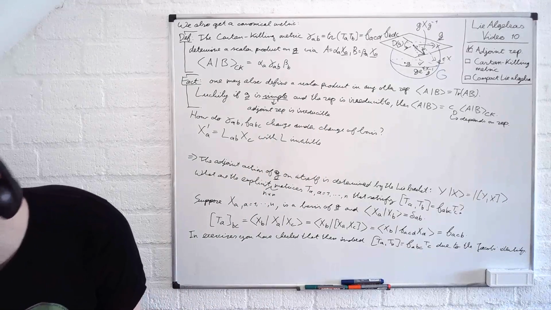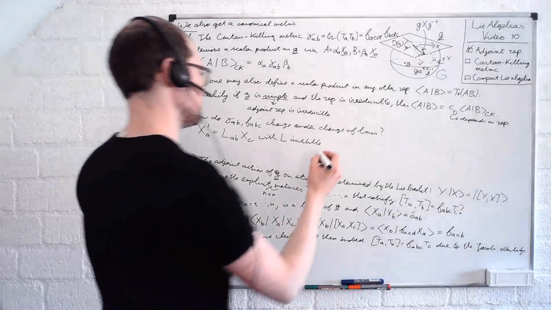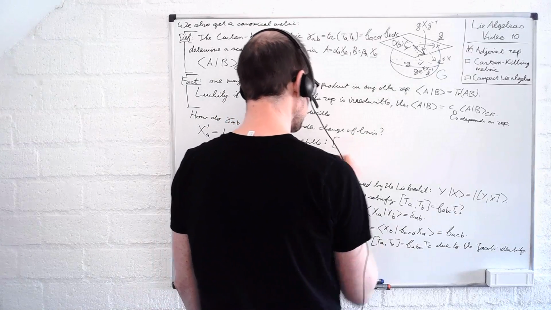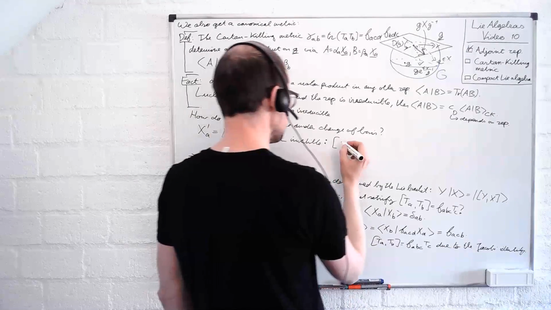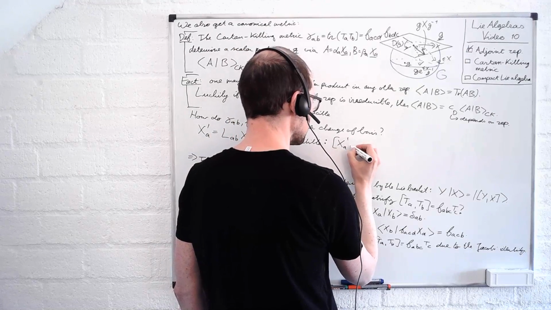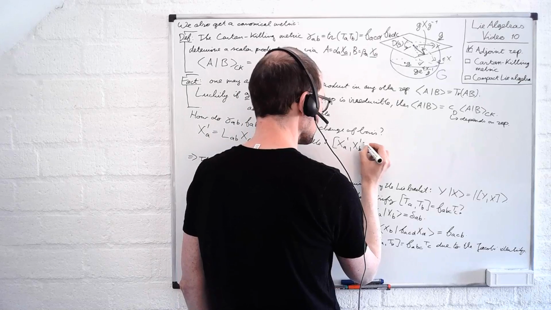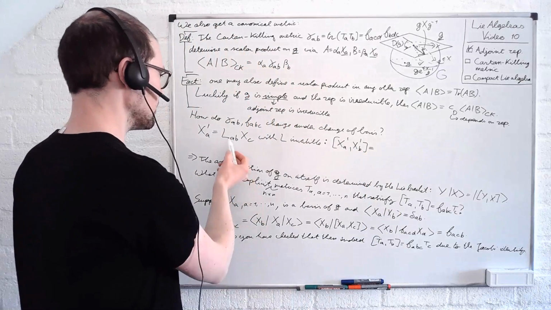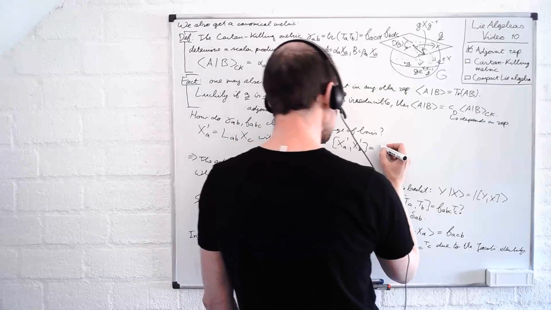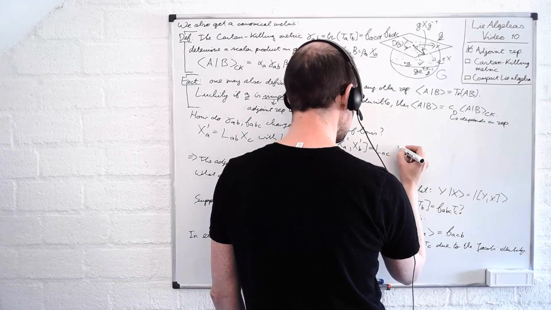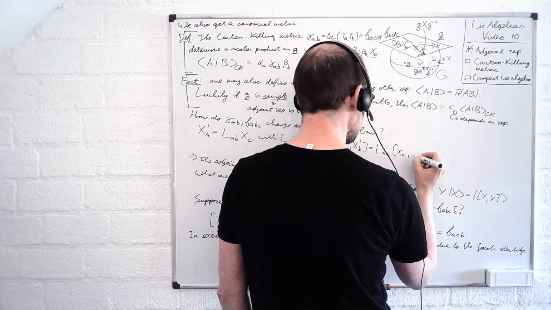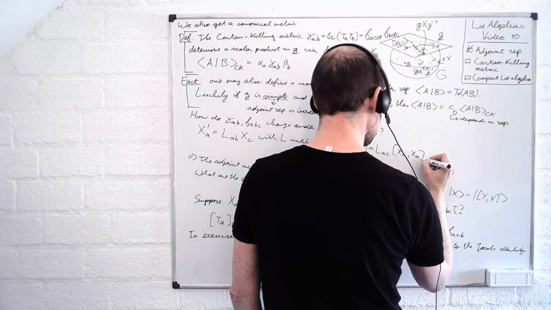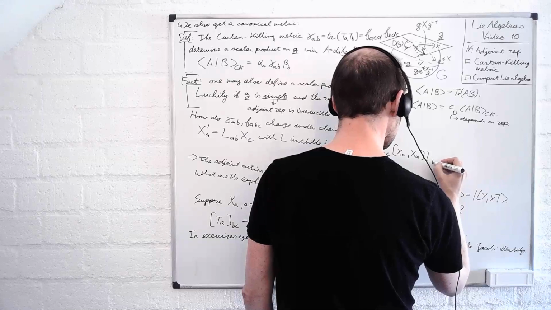So let's see what this is. In order to determine this, what we have to do is take the commutator of two of our new generators, X_A prime with X_B prime. Let's just plug this in. So this is L_AC X_C, X_D L_BD.